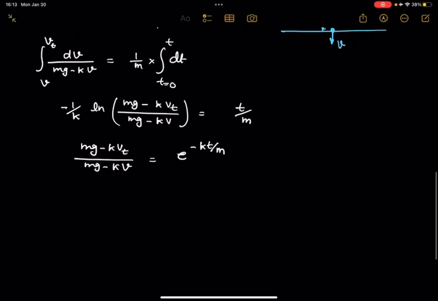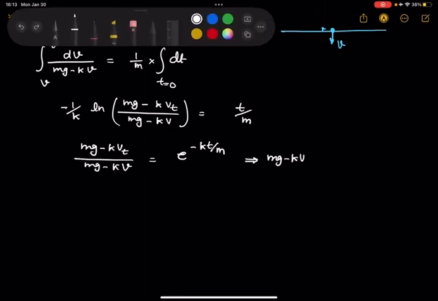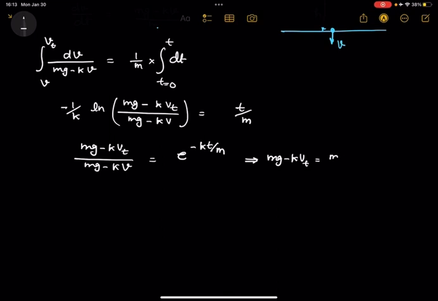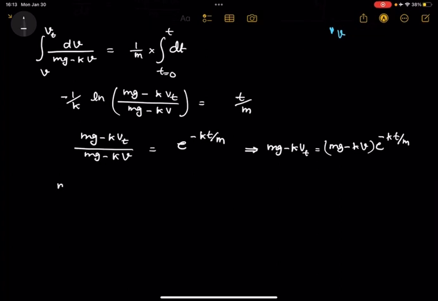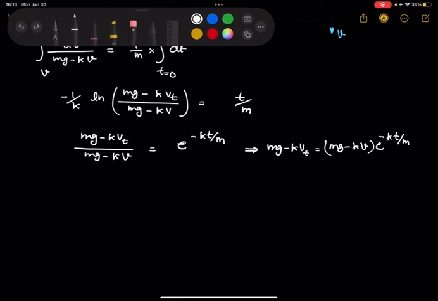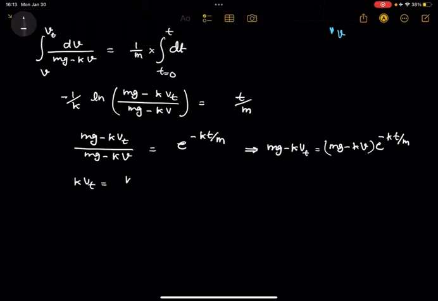So if I write the velocity, mg minus k vt equals mg minus kv into e to the power minus kt by m. Finally, k vt is mg minus mg minus kv into e to the power minus kt by m.